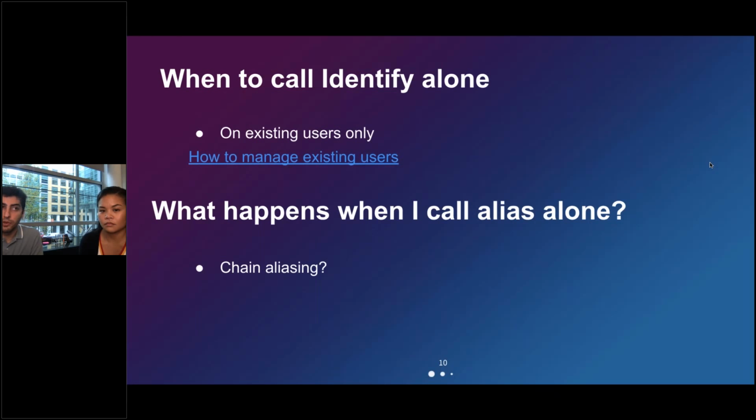One thing that will come up is what to do about users who already have accounts. Maybe you implemented Mixpanel after your website or app was created, and you already have a couple of users taking advantage of your app, and you don't know how to give them aliases. In this case, the best practice that we recommend is to actually not alias them at all.